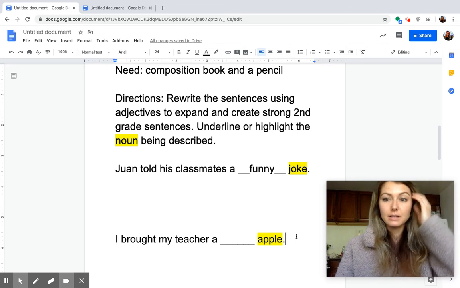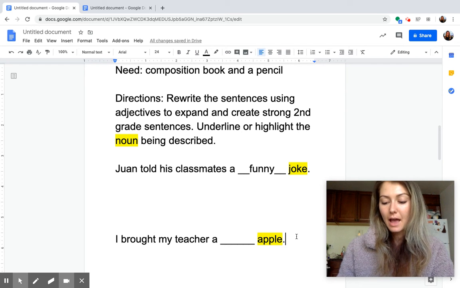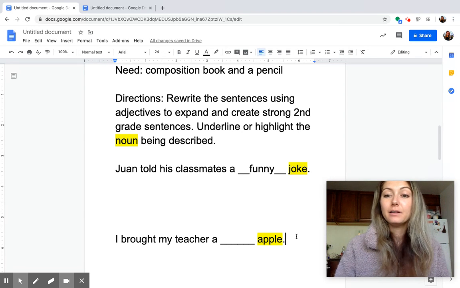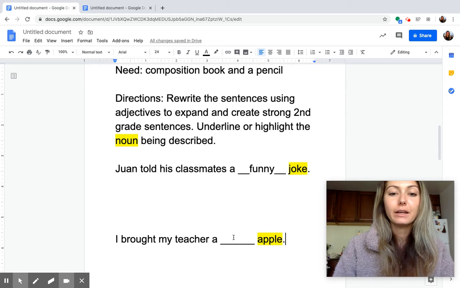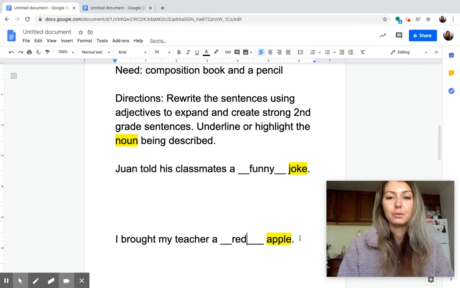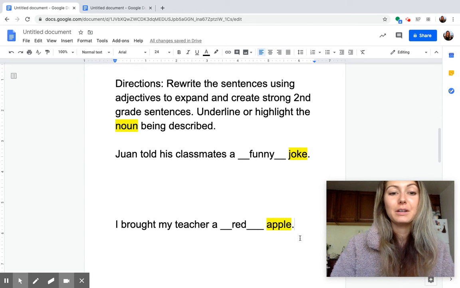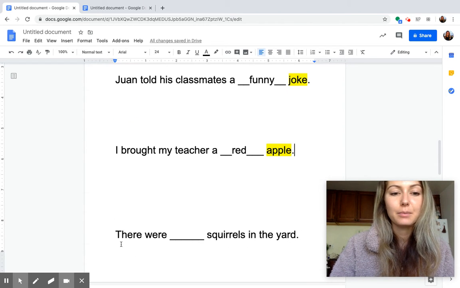We could also say something like juicy or crisp. There's so many adjectives that we can use to describe apple. You can pick one that you like. I'm going to say, I brought my teacher a red apple. I'm going to use color. Once you're done with that one, we can move on to our next example.